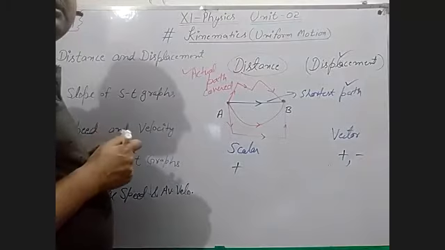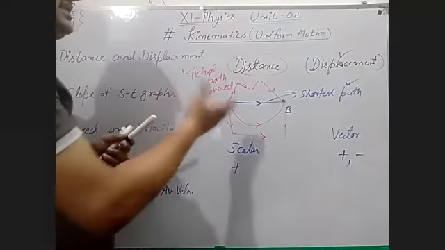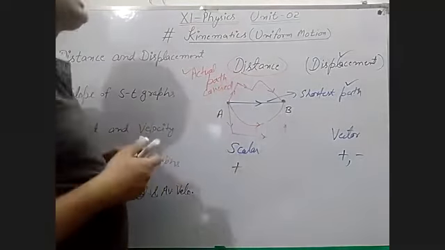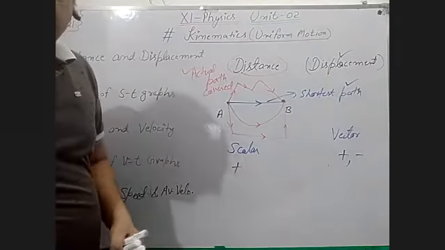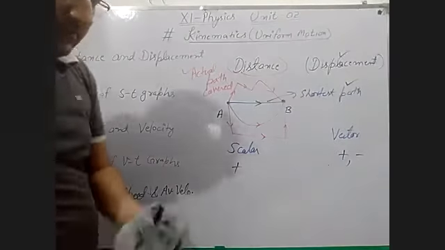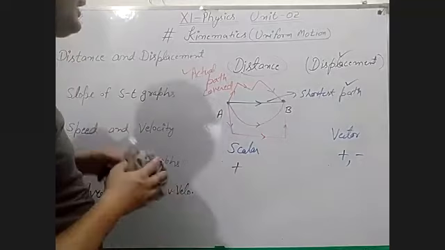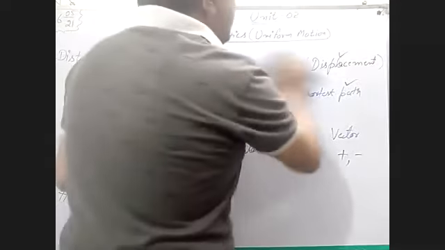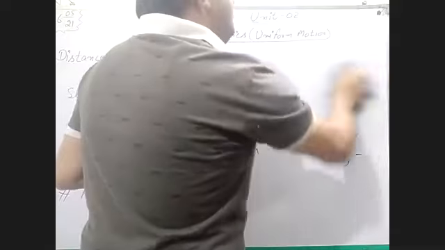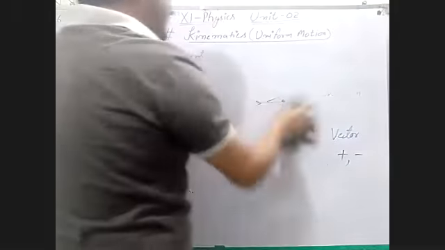These are some differences between distance and displacement. But for standard 11, all these things are not so important. The important thing is how you can solve numericals based on distance and displacement.